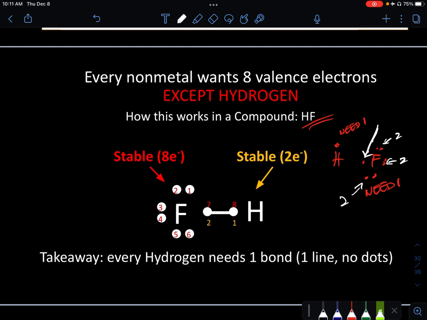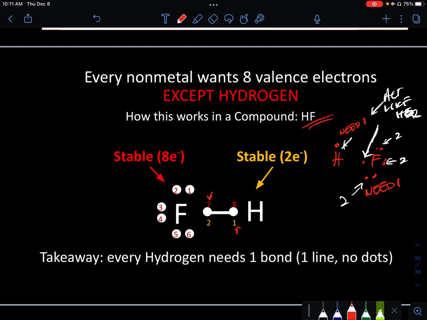All right. Well, hydrogen, it needs 1 as well, right? Then it's going to have its pair. The reason it needs 1 is because it's going to act like helium. All right. So what we end up seeing is that they will share this 7th one for fluorine and this first one for hydrogen.